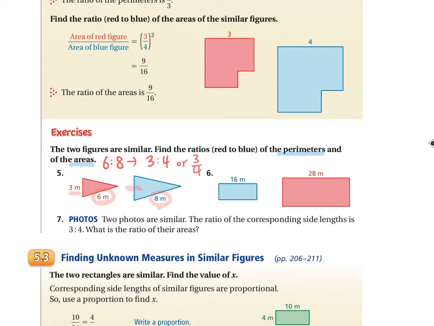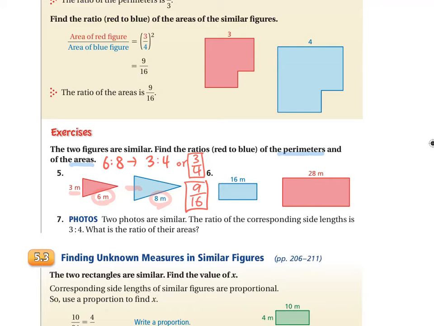Either way works. So this is going to be for the perimeter. For the area, it's super simple. All you have to do is multiply the same number twice, or square the number, and have the area of 9 over 16. So this is going to be the perimeter and this is going to be the area.